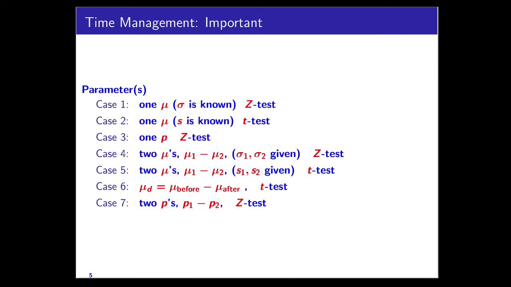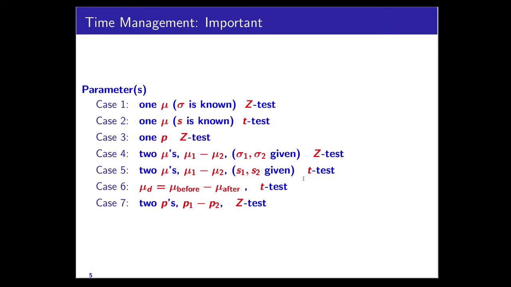Case number 4, we have two means. We are testing for mu1 minus mu2. If sigma 1 and sigma 2 are known, we will have a z-test. Case number 5, for two mu's, mu1 minus mu2, S1 and S2 are given.